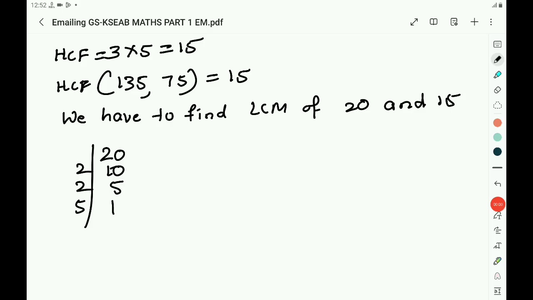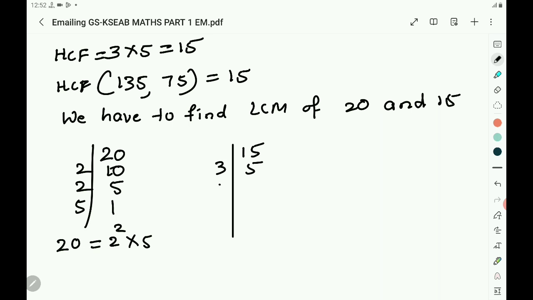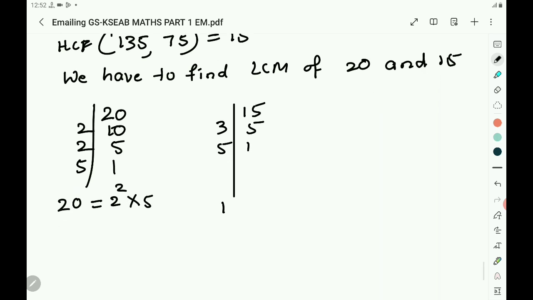You got 20 equals 2 square into 5. Then you take the HCF of 135 and 75, that is 15. 3 fives are 15, 5 ones are 5. You got 15 equals 3 into 5.